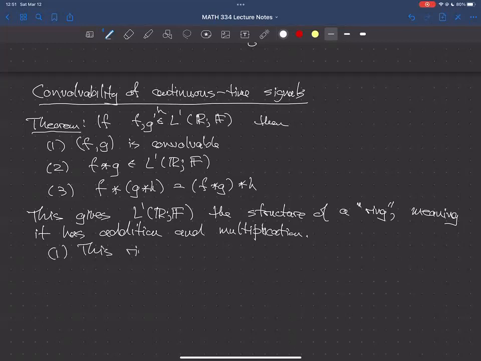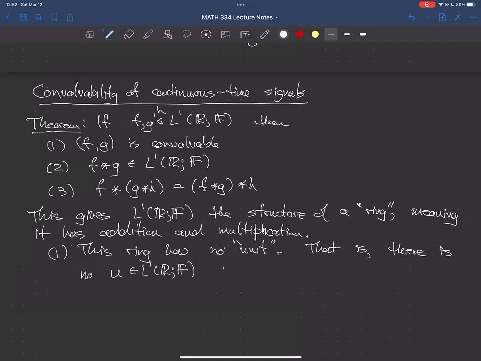This ring has no unit, and by that I mean a multiplicative identity. That is, there is no U, for unit, so that when you multiply it by any F, you get back F, for every F in L1.